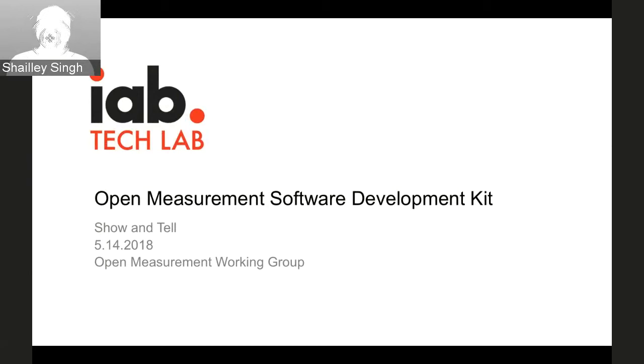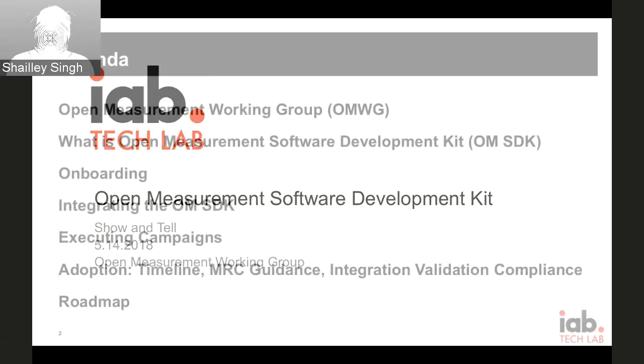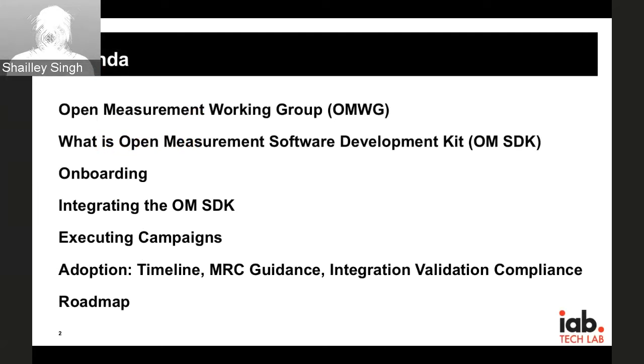So this webinar is a follow-up to our release last month. As most of you may be aware, we released the Open Measurement Software Development Kit last year, and today we are organizing this webinar to go over a little bit about the background of the Open Measurement Working Group. Then we'll walk you through what the Open Measurement Software Development Kit, or OM SDK, is. We'll walk you through onboarding: how do you get the software, how do you download it?